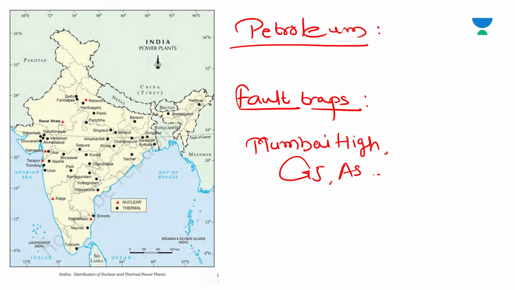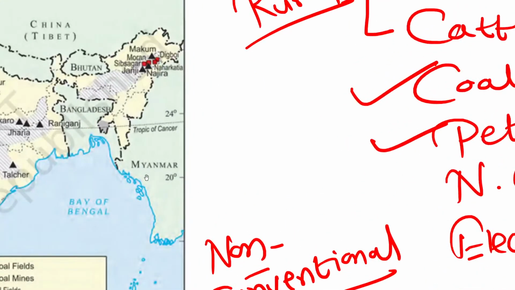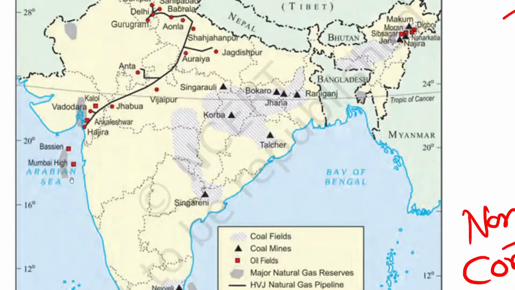So, we can check on the map. See, from the Mumbai High, Gujarat Basin, and here in Assam.